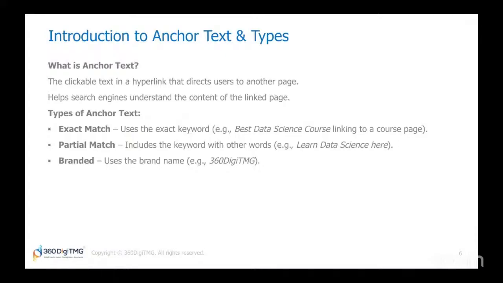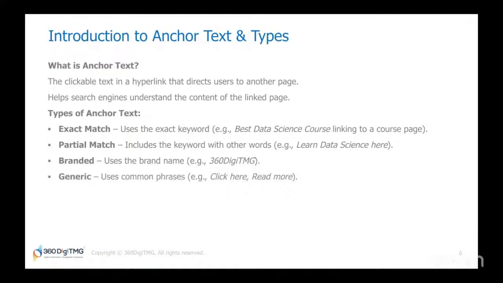The more branded keywords you have, the more it will improve the branding of SEO. In the search box, if anyone types 360, it will give you suggestions because of brand keywords, brand anchor text, brand hyperlinks.